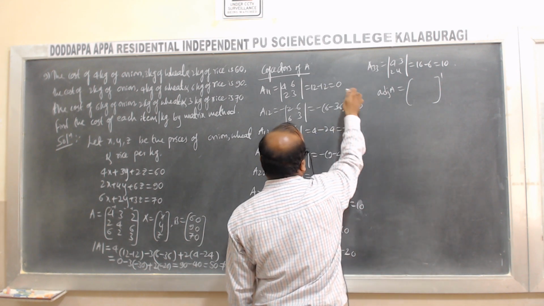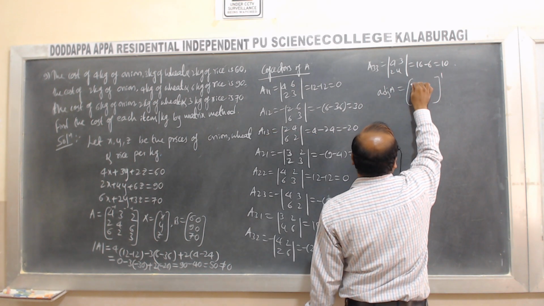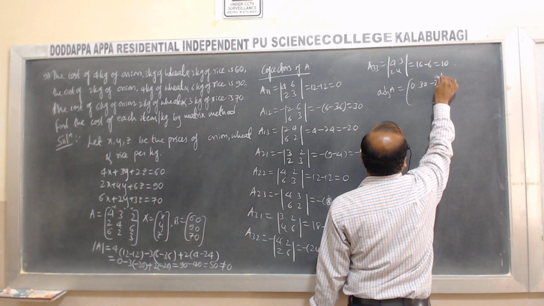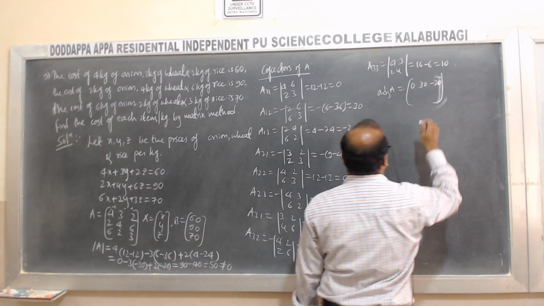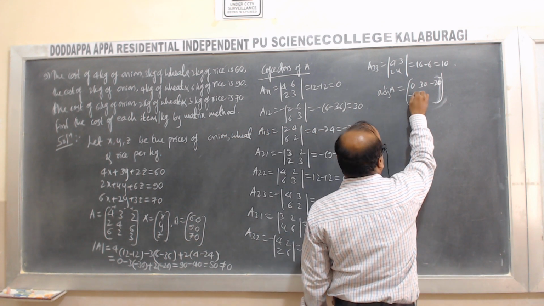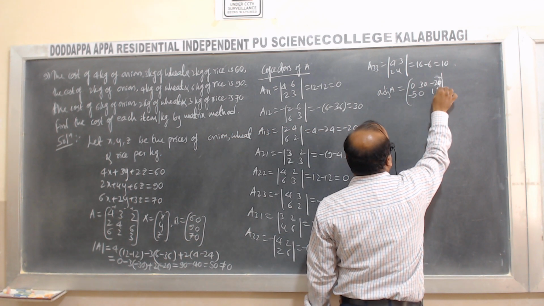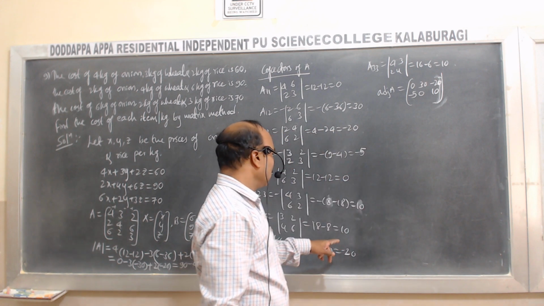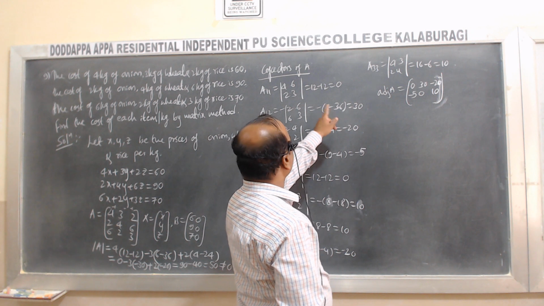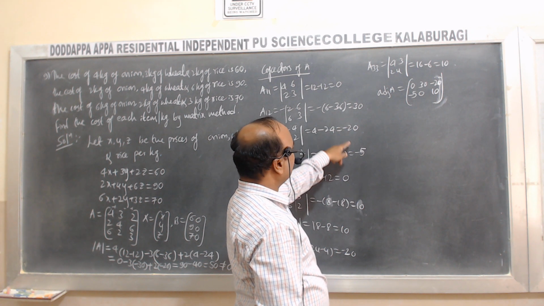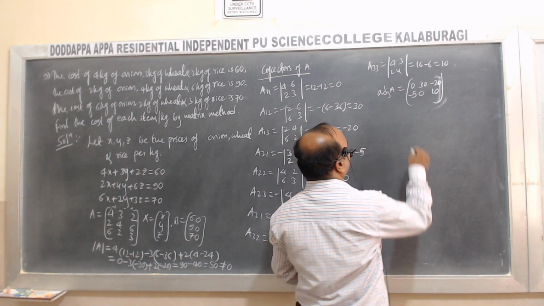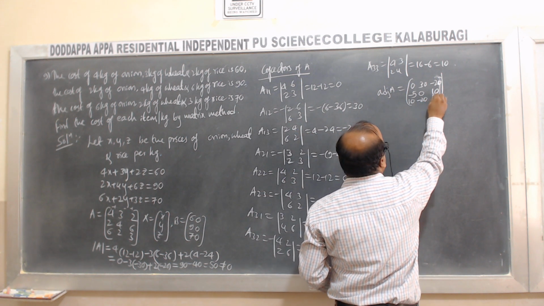Now we go for adjoint of A, it is transpose of cofactors. So first row is 0, 30, minus 20, second row is minus 5, 0, 10, and third row is 10, minus 20, 10.